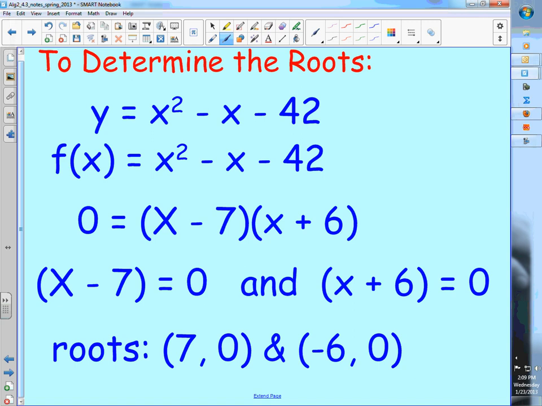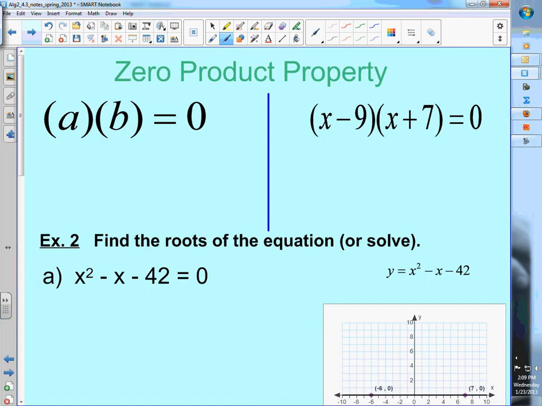You can only do that when you start with a function. So if you don't have a function to begin with, you can't be asked to find the roots. Remember, zero product property. If you have something times something equals 0, either A is 0 or B is 0. There's no way that can't be true.